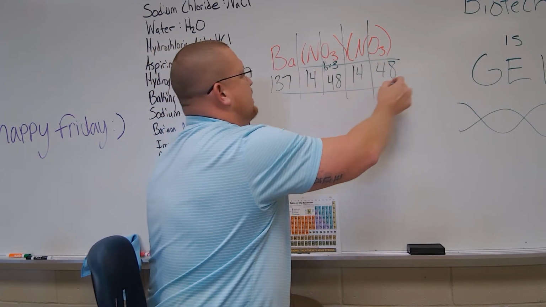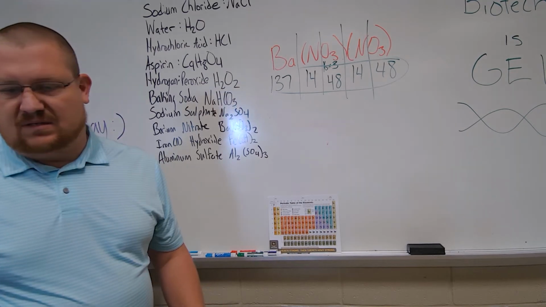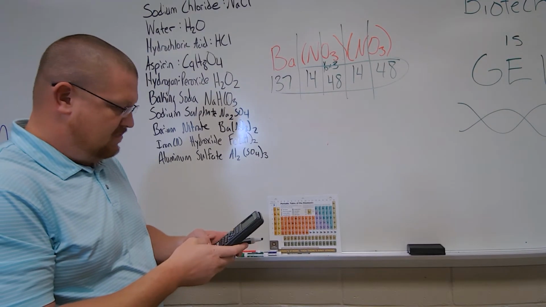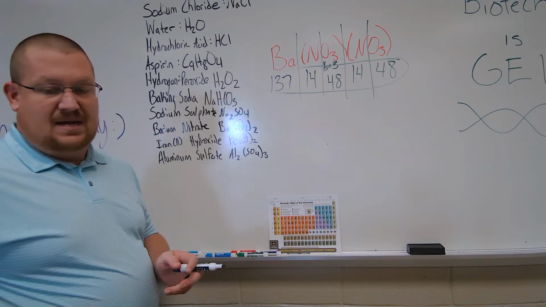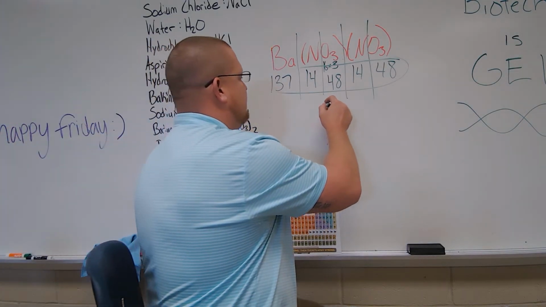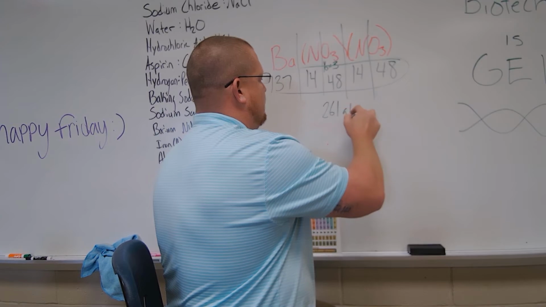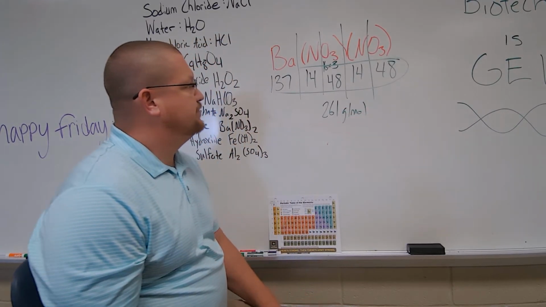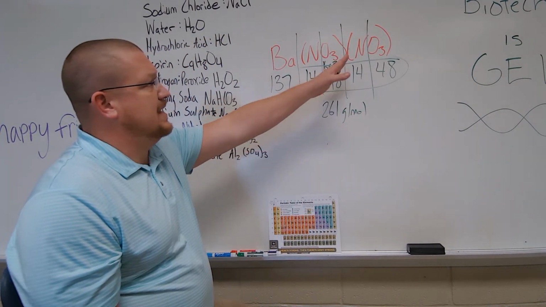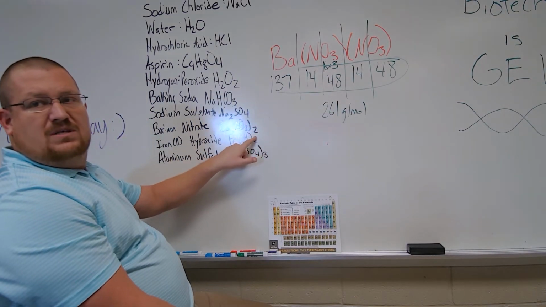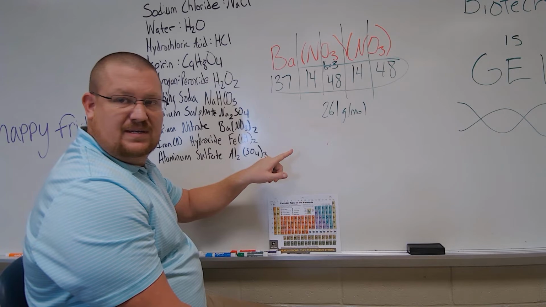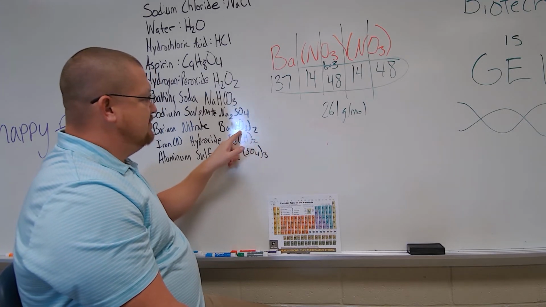And then we just add them together. So what is that? 137 plus 14 plus 48 plus 14 plus 48. 261. Right? So we just took that 2, right on the little squiggly line, and made 2 of them.